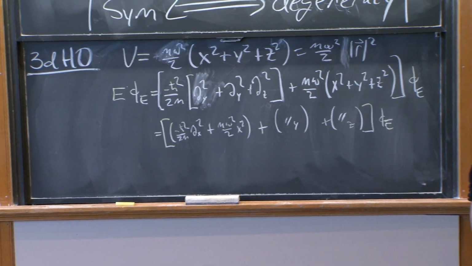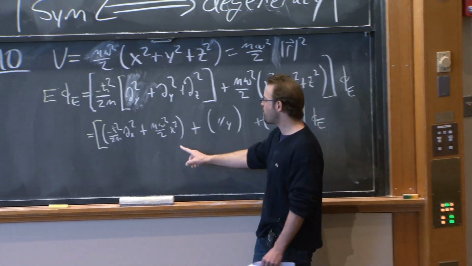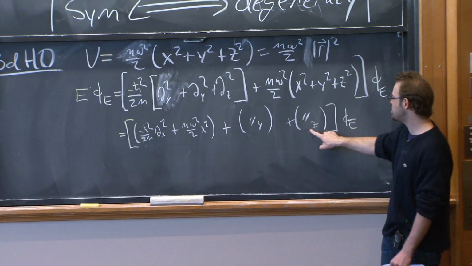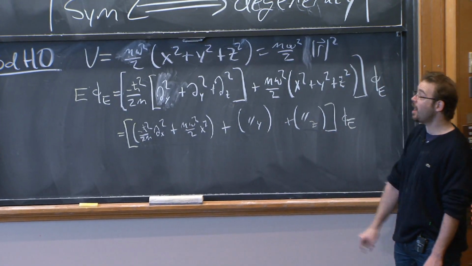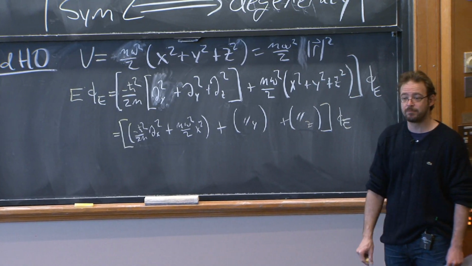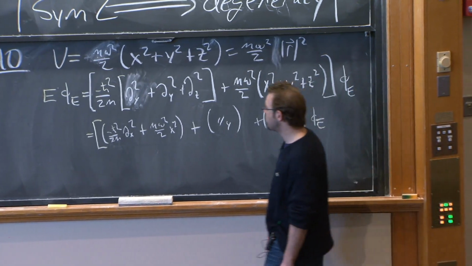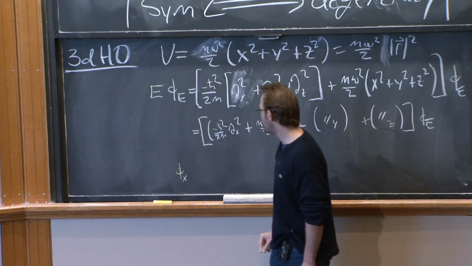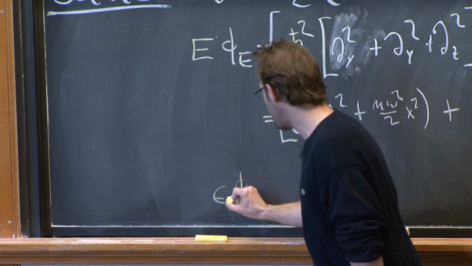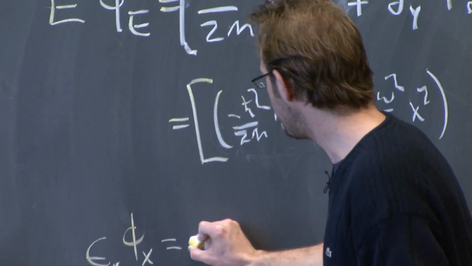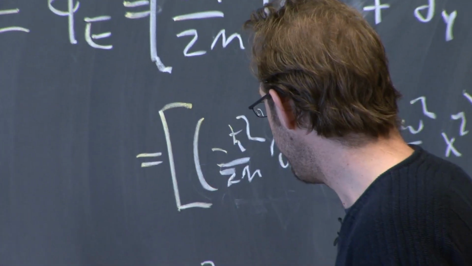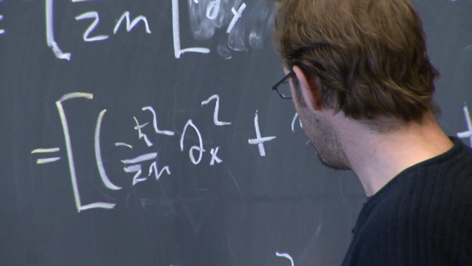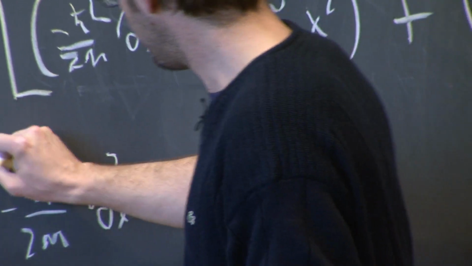Everyone agree? So this is a differential operator that only involves x, doesn't involve y or z. Ditto y, but no x or z, and ditto z, but no x or y. Aha! This is separable, just as before. So now we have a nice separable system where I want to solve the equations 3 times, once for x, y, and z. I'm just going to write it for x: epsilon_x phi_x is equal to minus h bar squared over 2m d_x squared plus m omega squared upon 2 x squared, acting on phi_x.